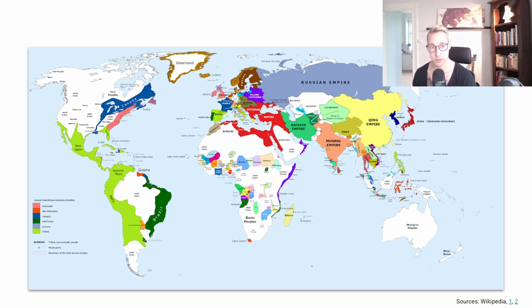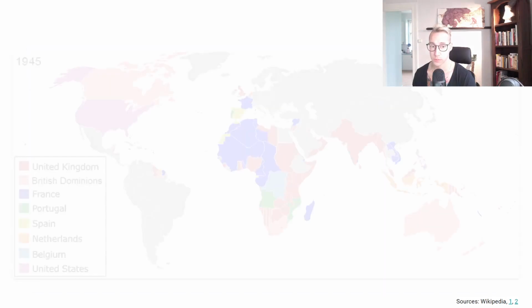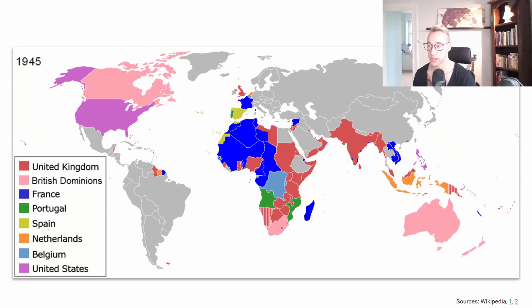And let's compare it with a map from today. Here we get a very different picture. Well, I should specify, it's not a map from today, but 1945. But the idea here is that it shows us a very different picture. Here we have a list of the colonizing countries that actively took other parts of the world for their own.